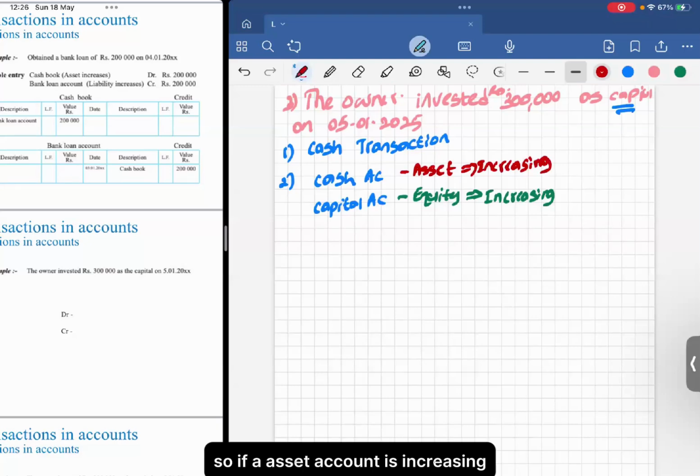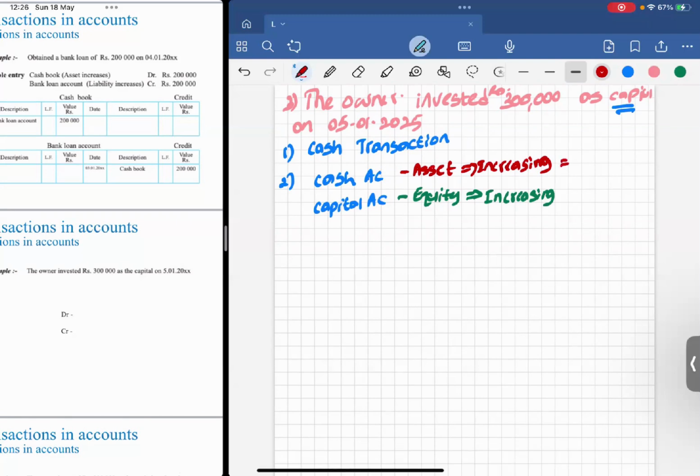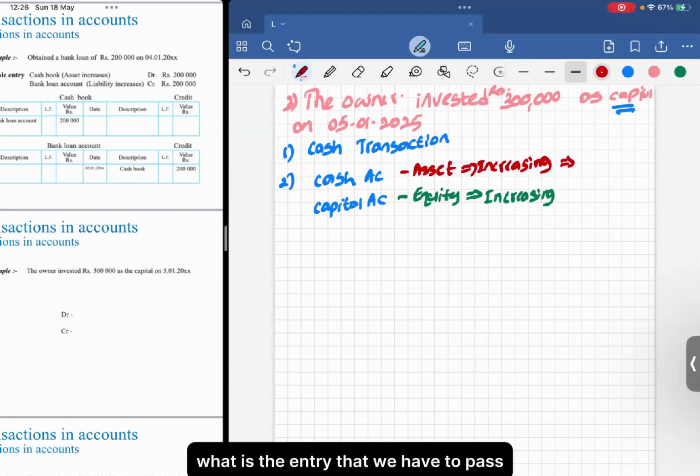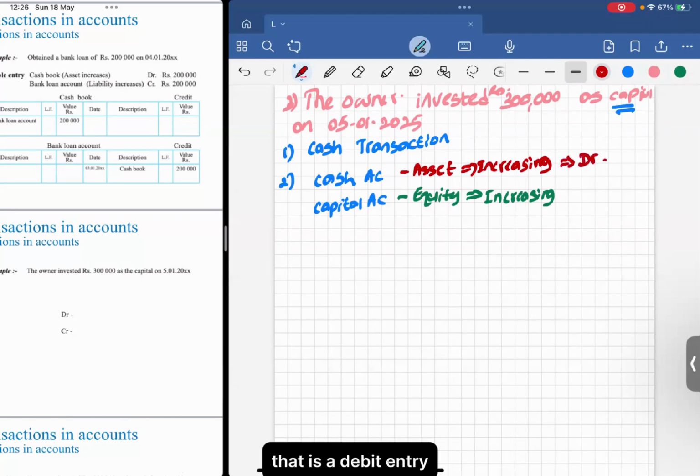So if an asset account is increasing, what is the entry that we have to pass? That is a debit entry. On the other hand, if equity is increasing, what is the entry that we have to pass? That is a credit entry. So the cash account is an asset account.